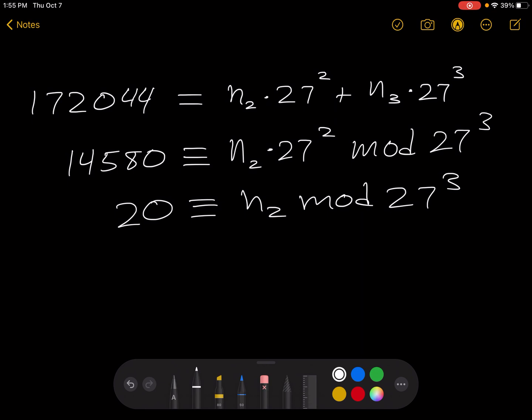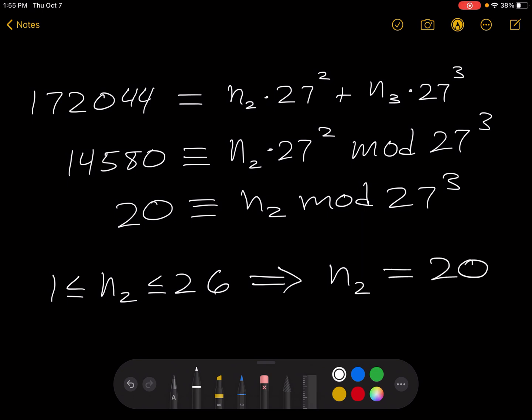And similarly, since n2 is between 1 and 26, this tells us that n2 is not only congruent to 20 mod 27 cubed, but that n2 is equal to 20.